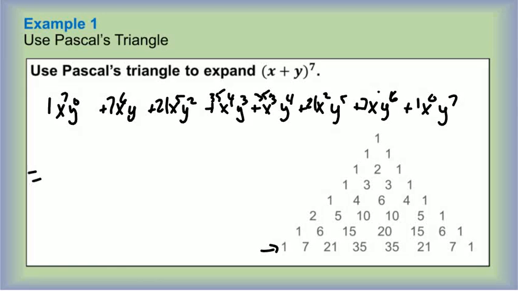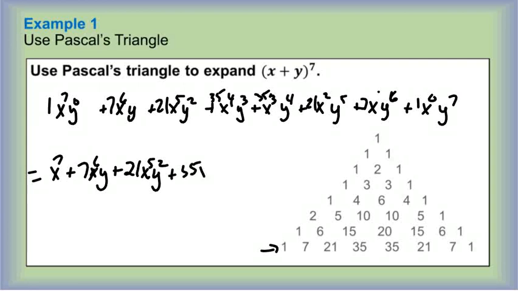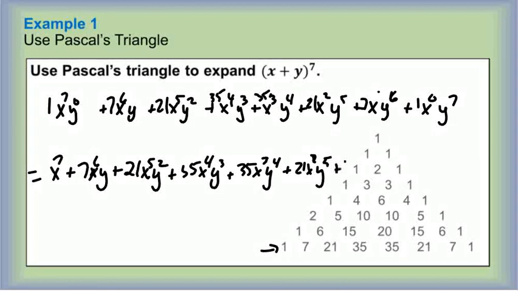So my final answer would be x to the 7th plus 7x to the 6th y plus 21x to the 5th y squared plus 35x to the 4th y cubed plus 35x to the 3rd y to the 4th plus 21x squared y to the 5th plus 7x y to the 6th plus y to the 7th.